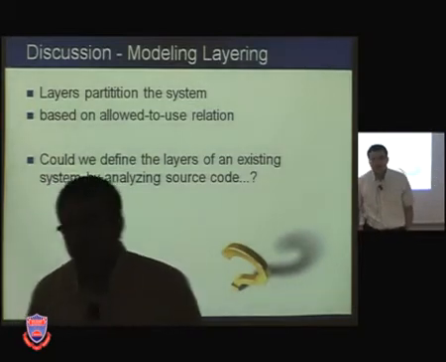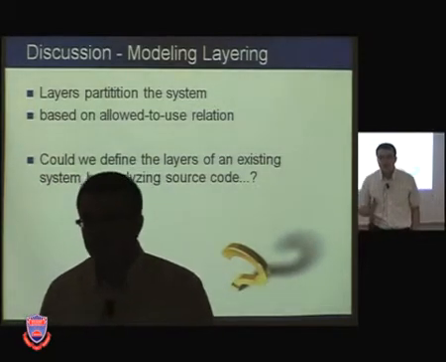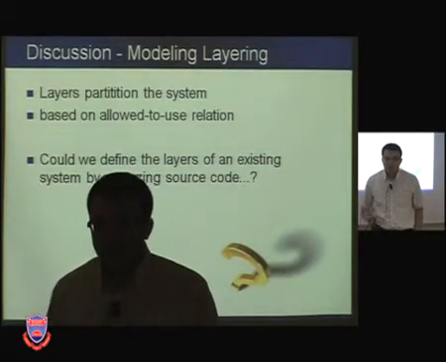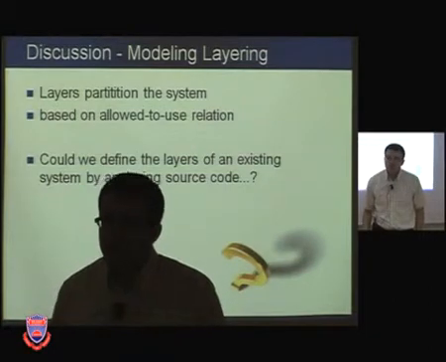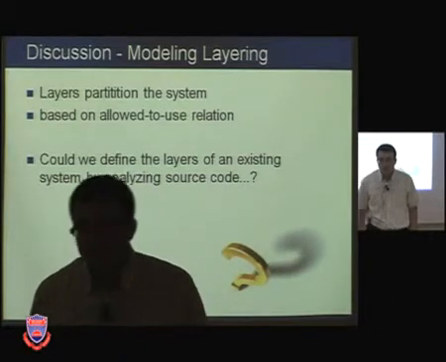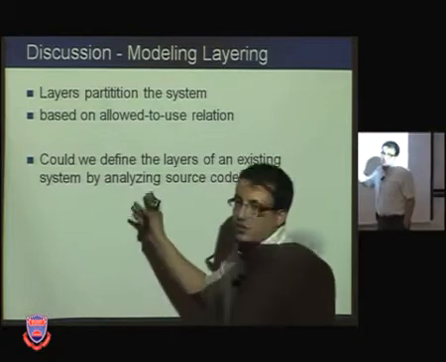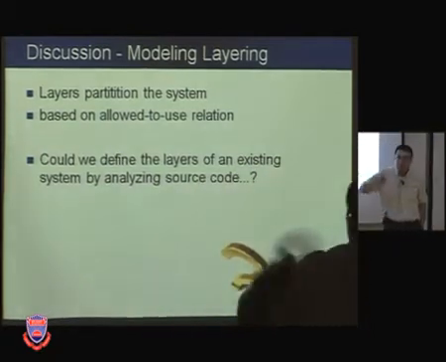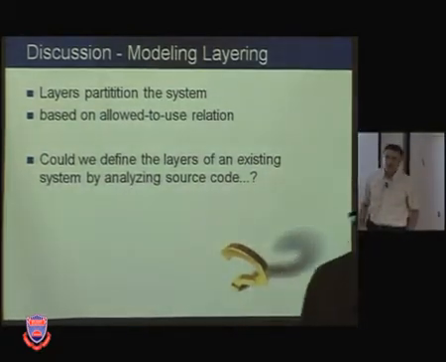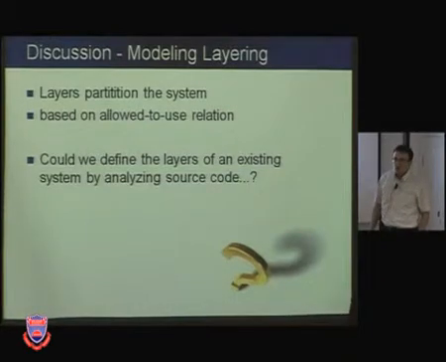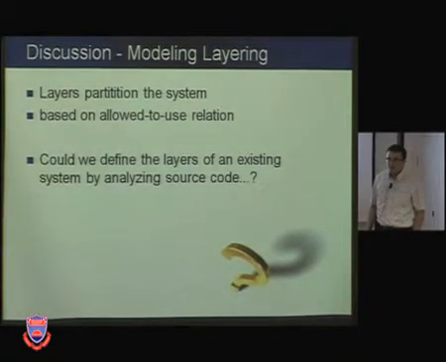Then you use other approaches, with intuition, by experience, and you look at the allowed to use. That's true. But if you stick to just analyzing the use relation automatically, then you will not end up with the right set of layers. The answer to this question may be both yes and no. Partially true.